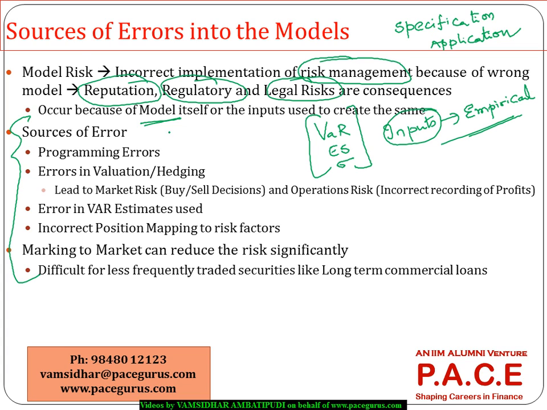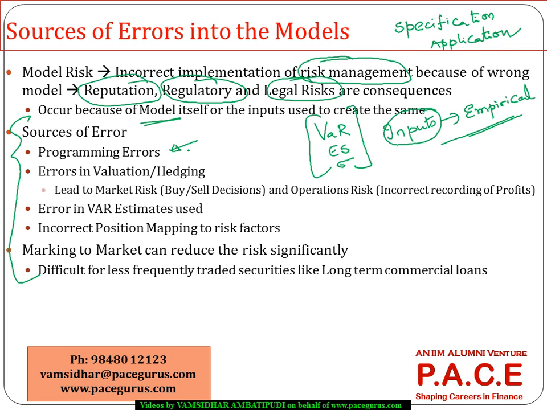When we talk about the various sources of error, they can come right from the programming perspective. Basically, I'm not able to comprehend the algorithm properly, not able to do the proper programming, not able to accommodate the logic properly in the programming language, or incorrect conceptualization of the logic.